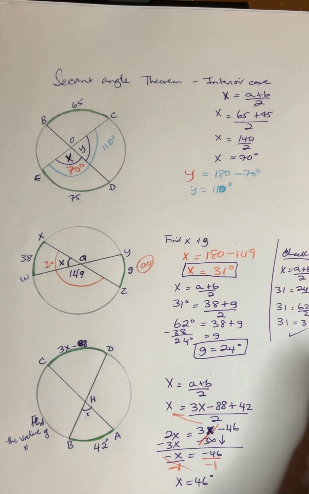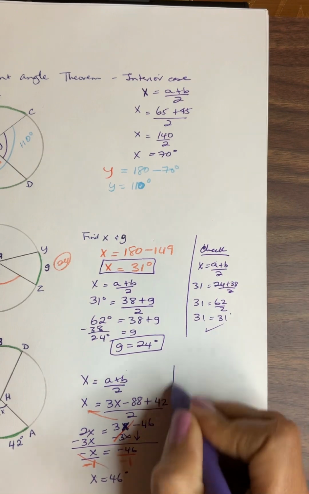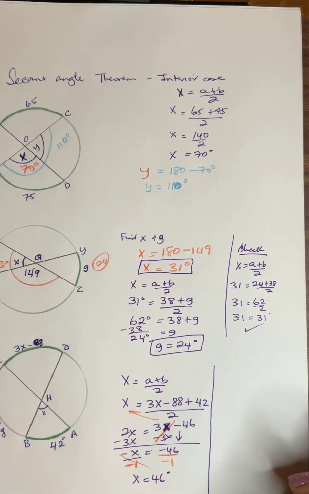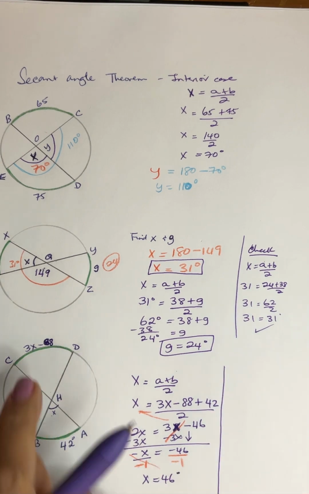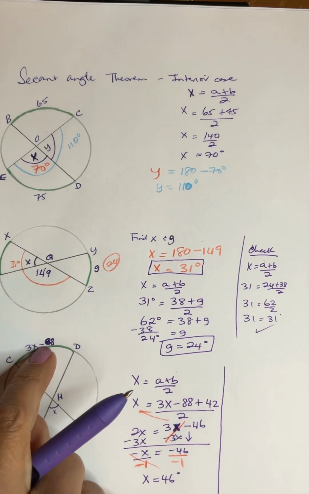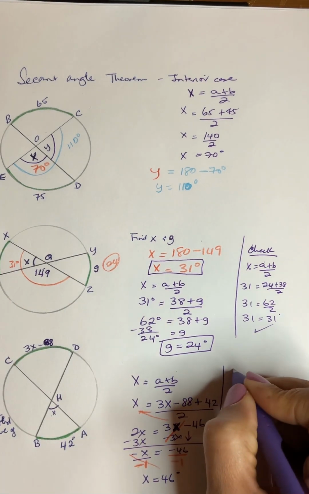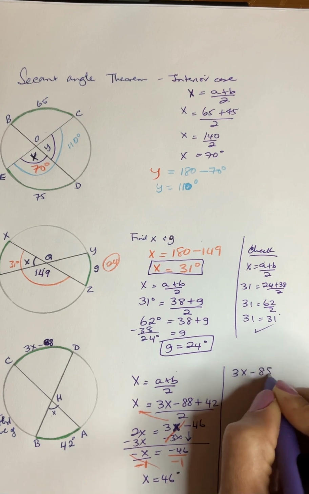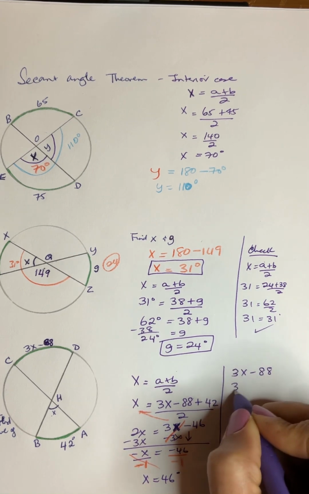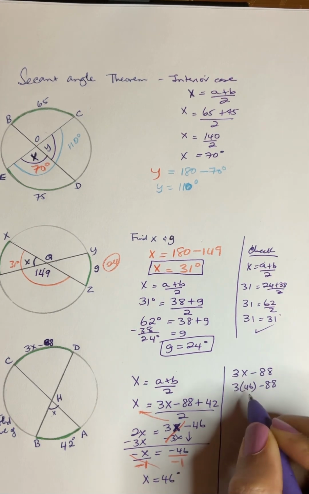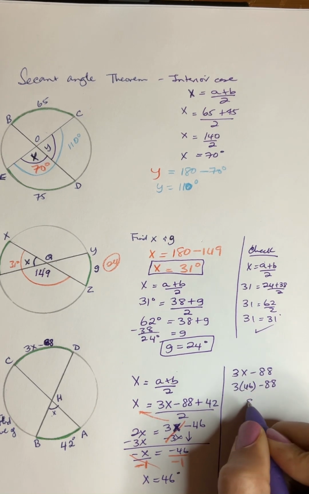And if, for instance, they ask you to find, let me go back a little bit. They asked you to find the measure of this angle, being that they gave you the measure of this one, and you need to find this one. You're simply going to do 3x minus 88. So 3 times 46 minus 88. 3 times 6 is 18.